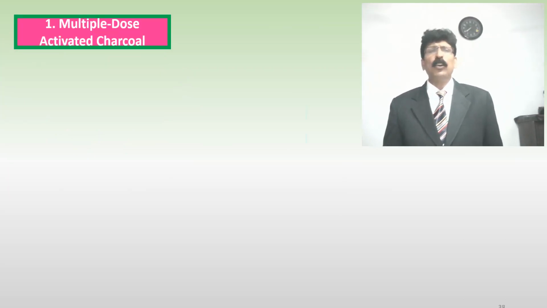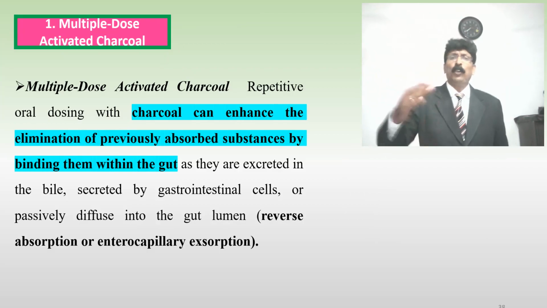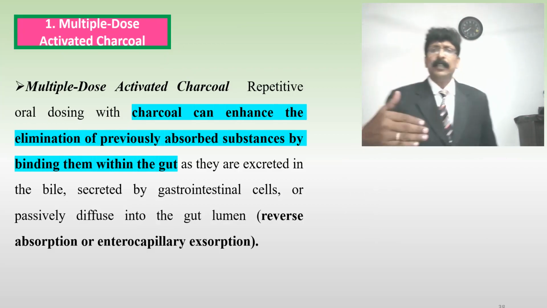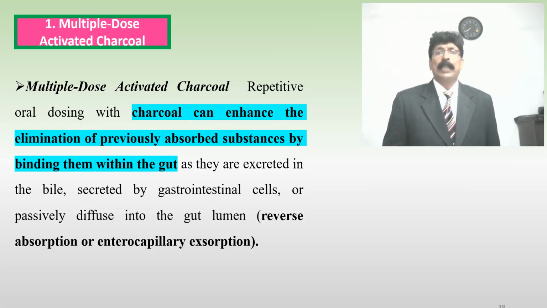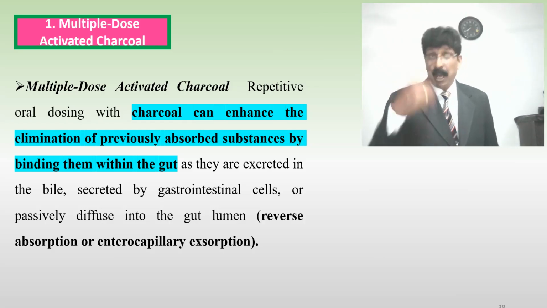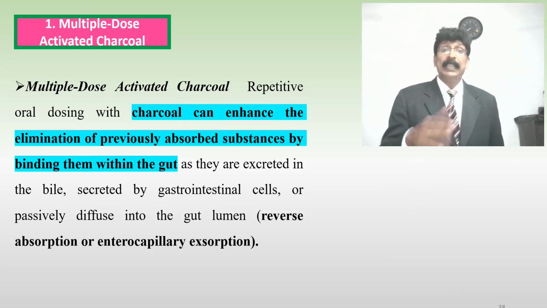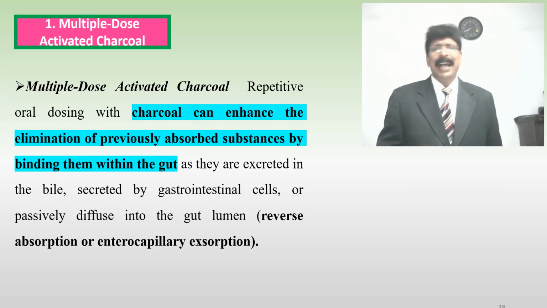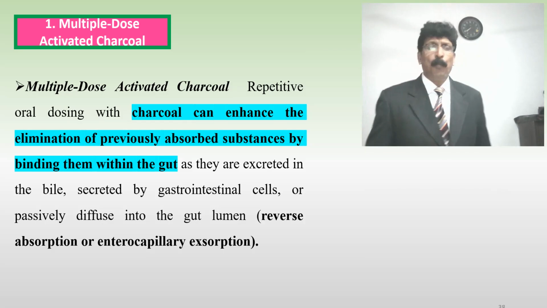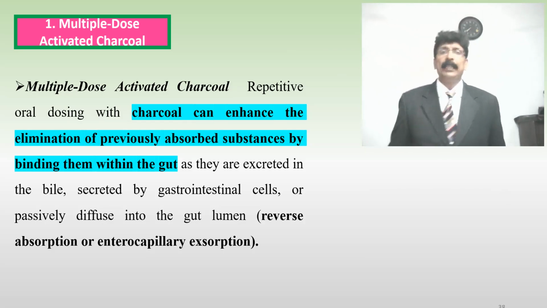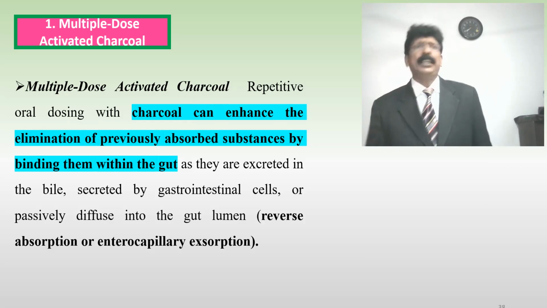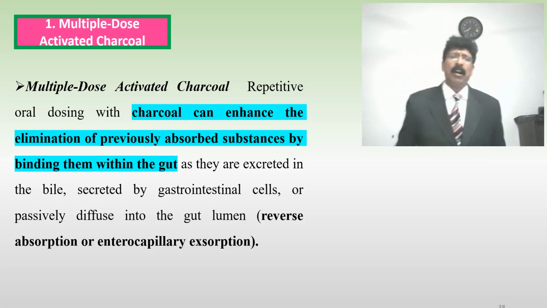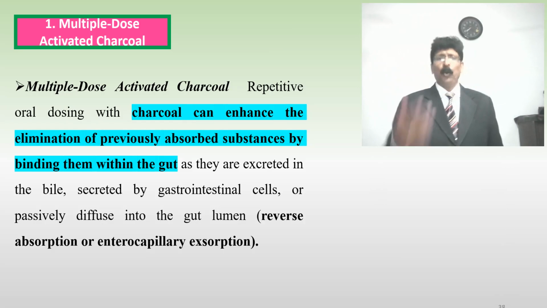In multiple dose activated charcoal, repetitive oral dosing with charcoal can enhance the elimination of previously absorbed substances by binding them within the gut as they are excreted into the bile, secreted by gastrointestinal cells, or passively diffused into the gut lumen, reverse absorption or enterocapillary exsorption.